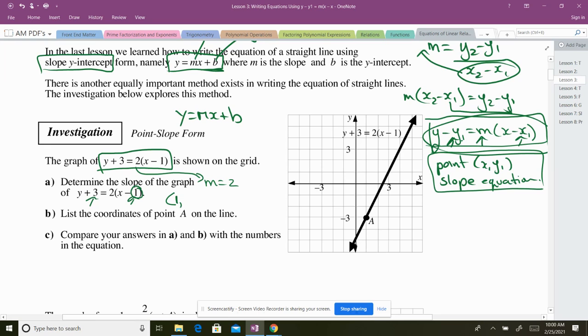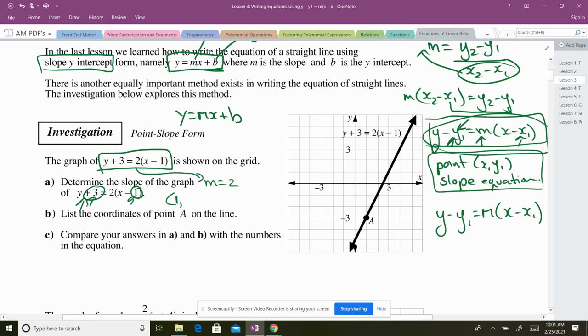The y value is beside the y. But there's one trick with this equation. Look at the formula. It's y minus y1. What does it say here?